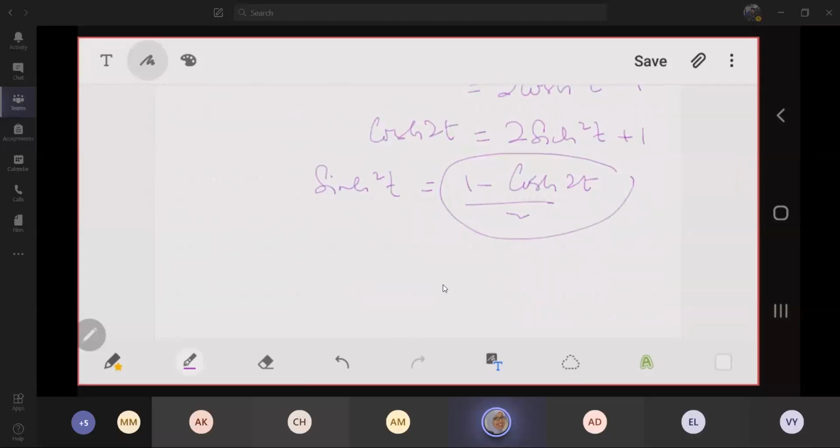For the second question, I just want to give you a start for all those questions, and then I let you off. Express tangent x in terms of e to the power of 2x. This one is quite okay.